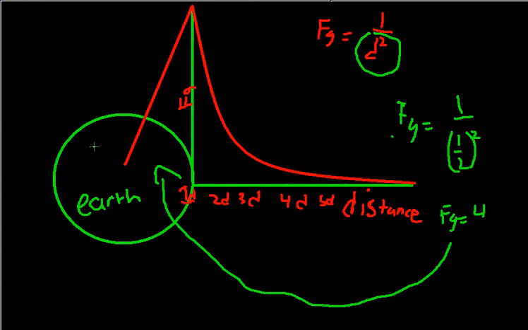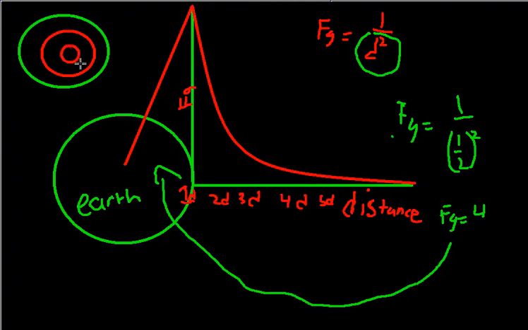Well, if we take a look here, if I were to draw a picture of the Earth here. This is the Earth, a smaller version of this. I'm going to divide this up into 3 zones.